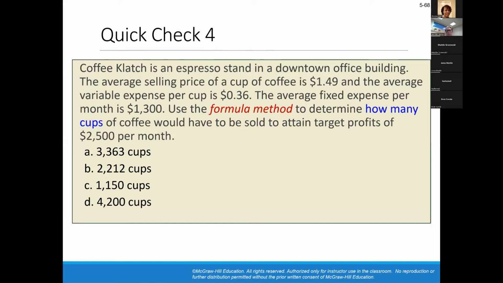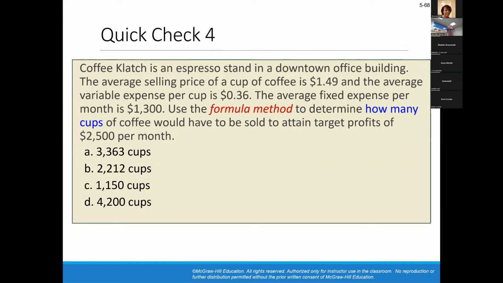All right, so we want to use the formula method to determine how many cups of coffee would have to be sold to attain target profits of 2,500 per month. We've calculated our break even, I think that was number 3. So now we're looking at a target of 2,500.